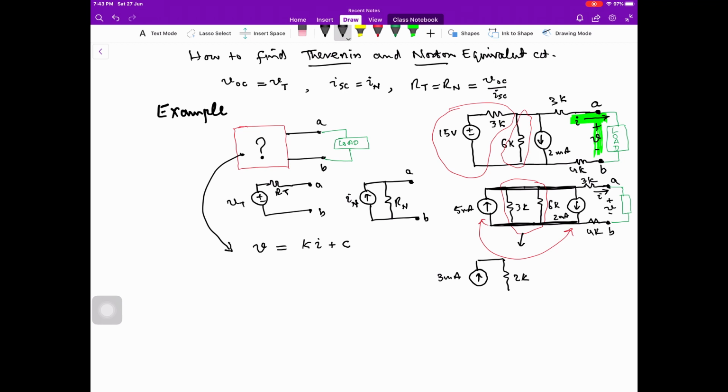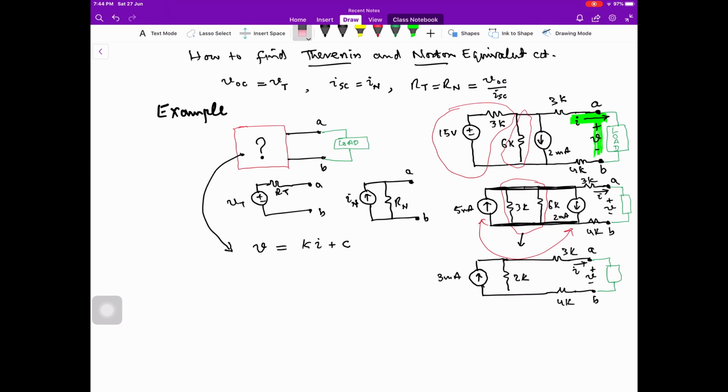So the equivalent resistance is 2K, and then we have 3K over here and 4K, and again this is the pair of terminals A and B, and the current flowing is I, and we have used V as the voltage across our load, while I is the current flowing through the load.